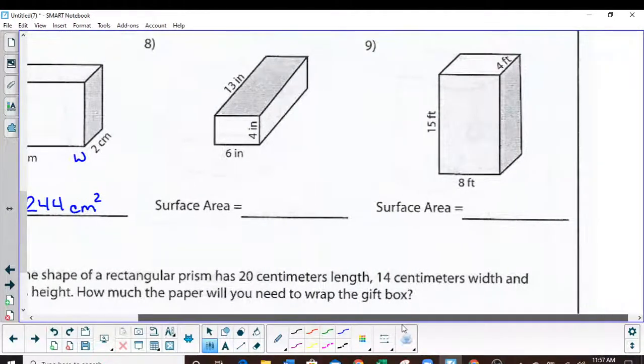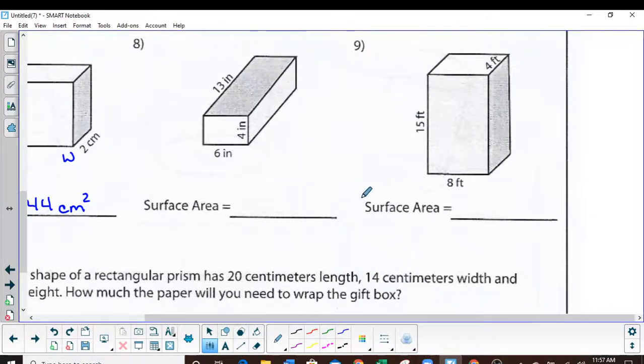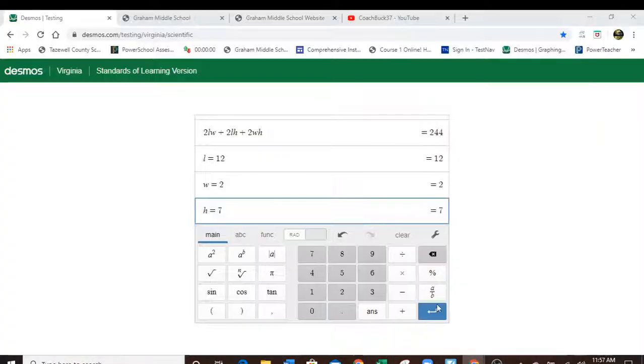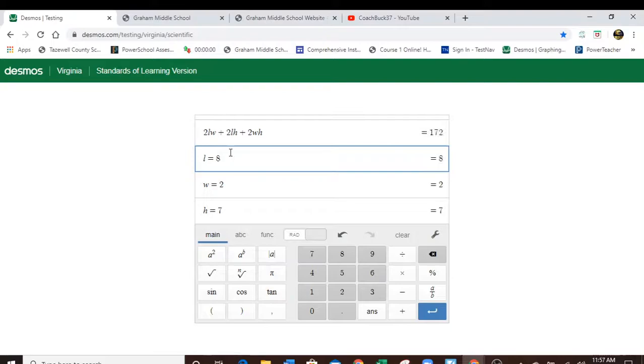Okay. Go to 9. Length of 8, height of 15, and a width of 4. Okay, let's jump to Desmos, get those put in. Length was 8. Width was 4.